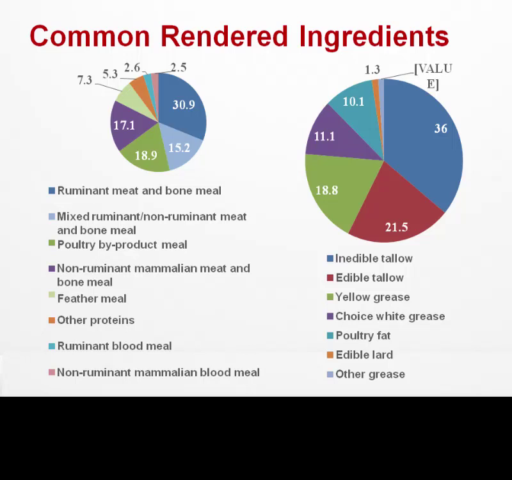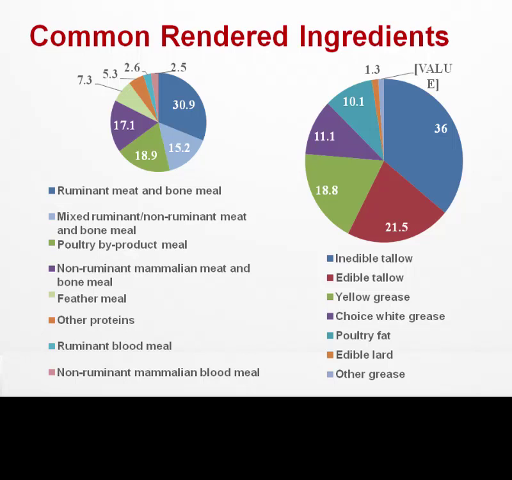Over 55% of all rendered fats are in the form of edible or inedible tallow, which is derived from beef fat. Edible tallow is used in products like margarine, cooking oil, or baking products. Inedible tallow is used to produce products such as soaps, candles, and lubricants.